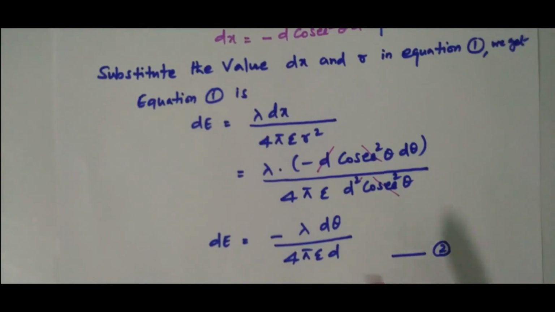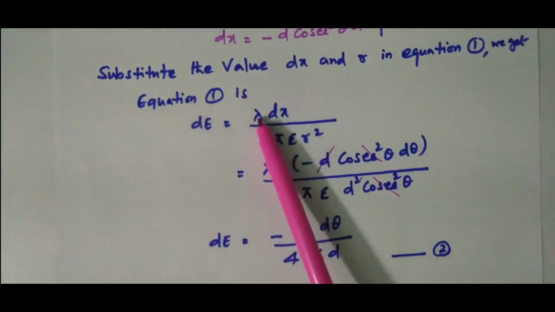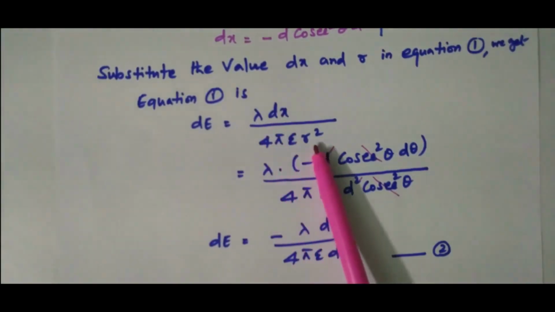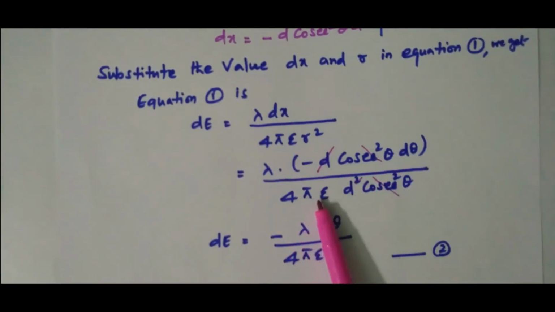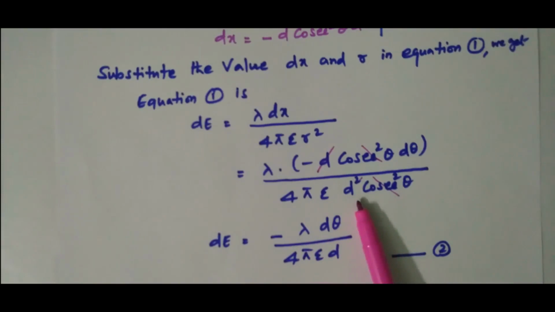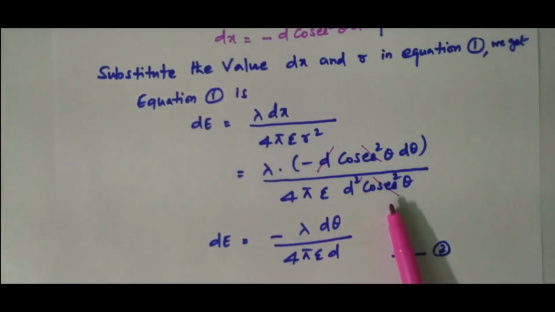Now substitute this value. This is equation 1, lambda dx divided by 4 pi epsilon r square. In place of dx, substitute minus d cosecant square theta d theta, divided by 4 pi epsilon. r is nothing but d cosecant theta, so r square means d square cosecant square theta.